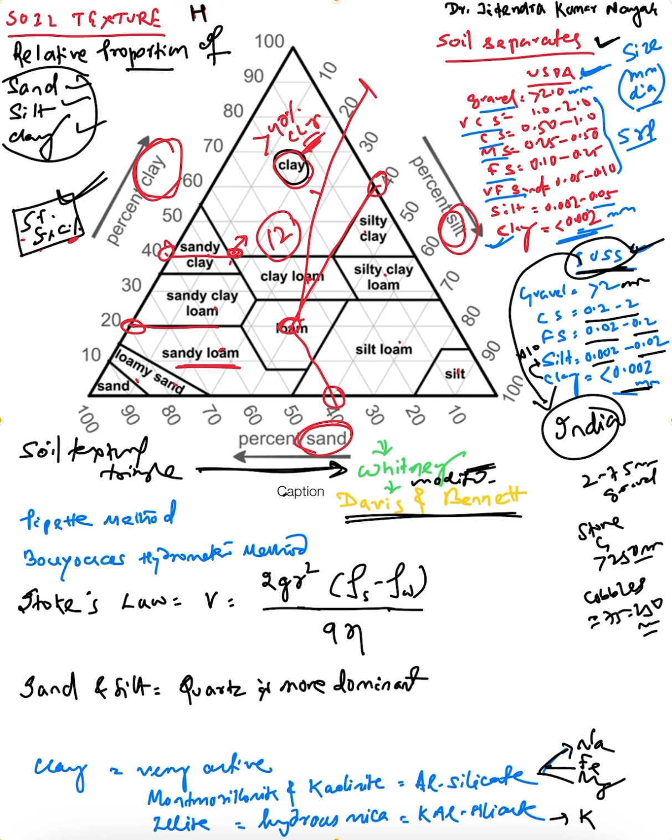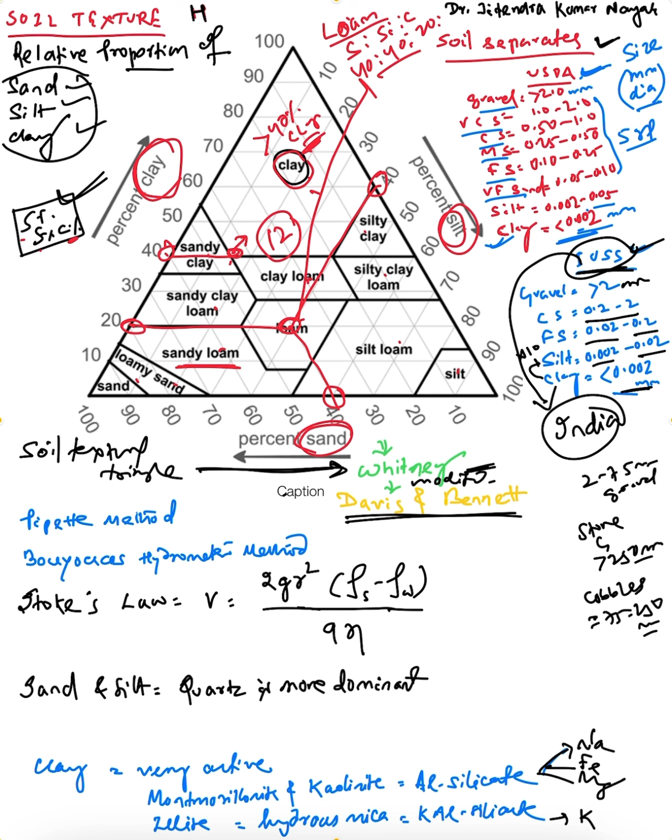Then the remaining 20% is clay particles. So an ideal loam texture soil contains sand, silt and clay in 40%, 40% and 20%. This is called the loamy texture soil.